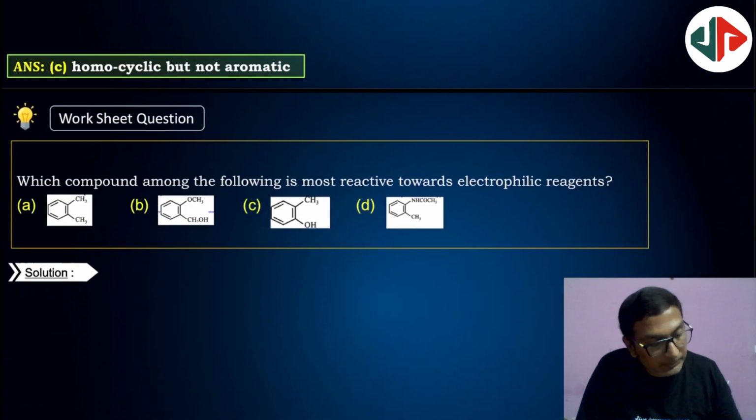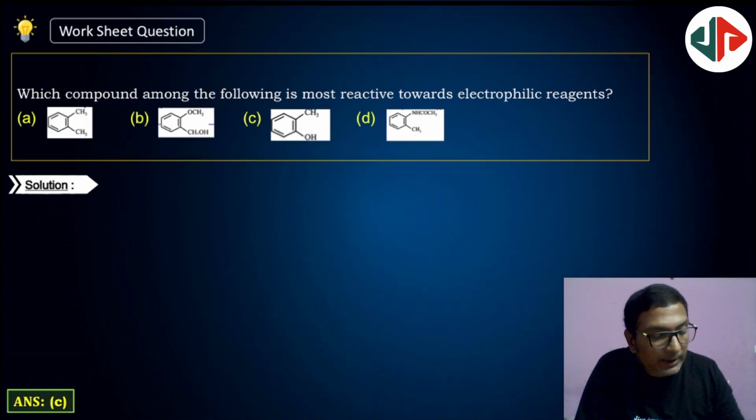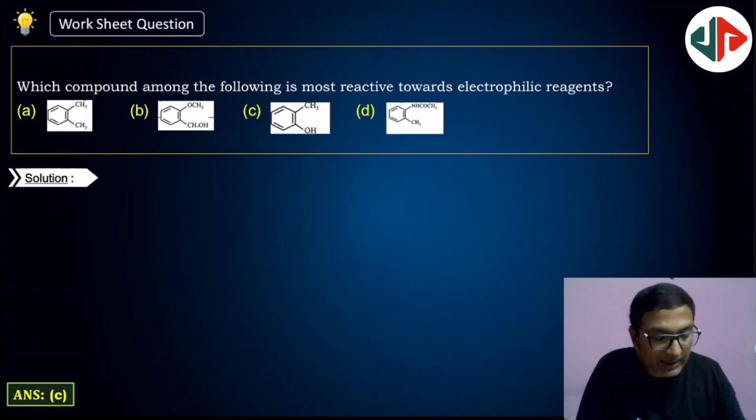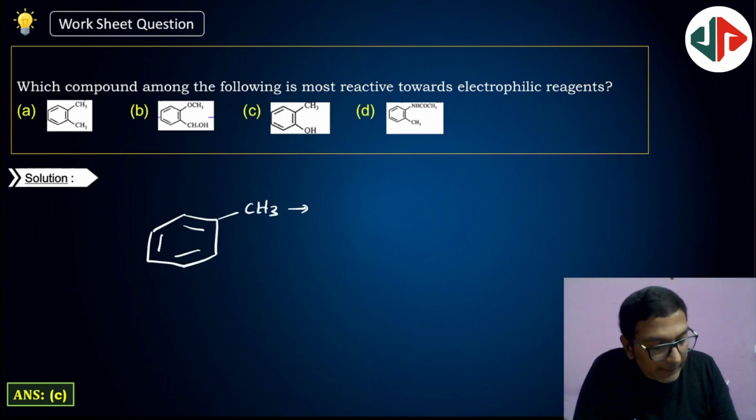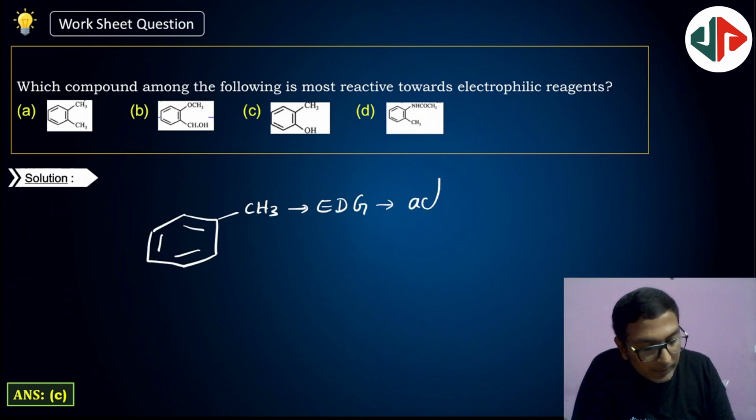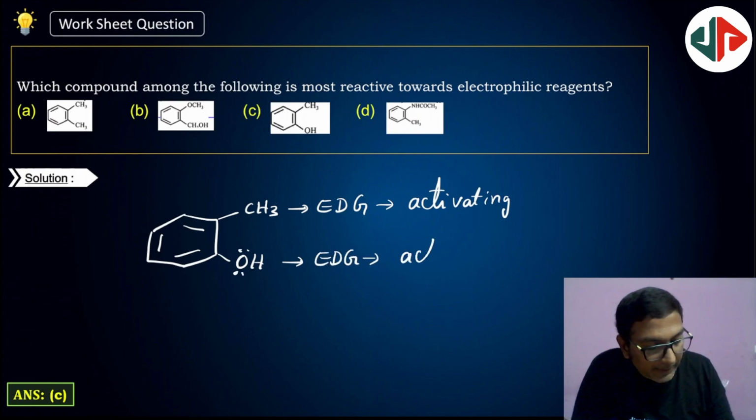Next. Which of the following compounds is most reactive towards electrophilic reagents? CH3 is electron donating, which means it is an activating group. OH is also the same, with a lone pair, an electron donating and activating group.